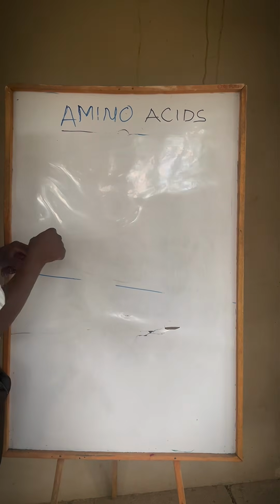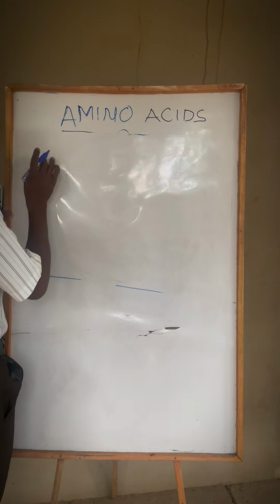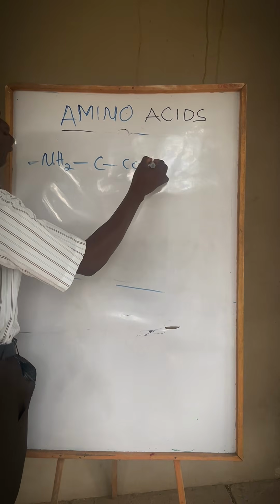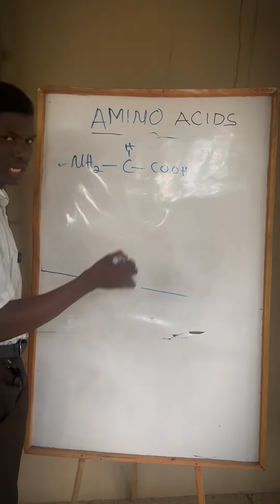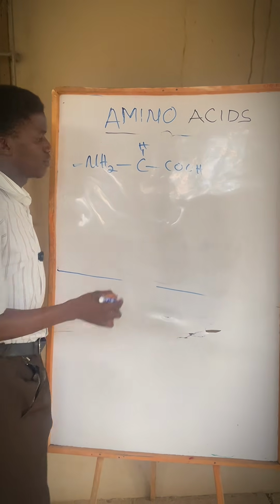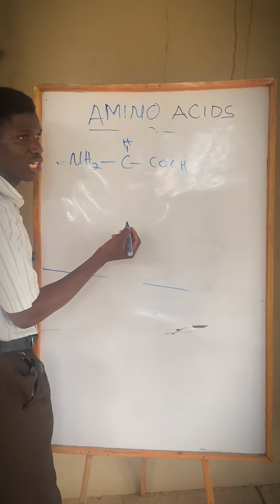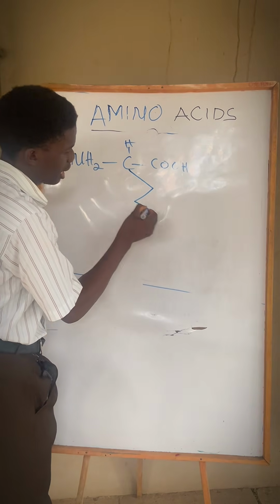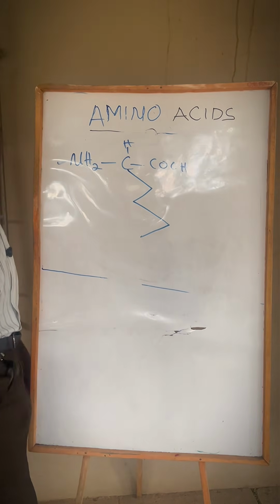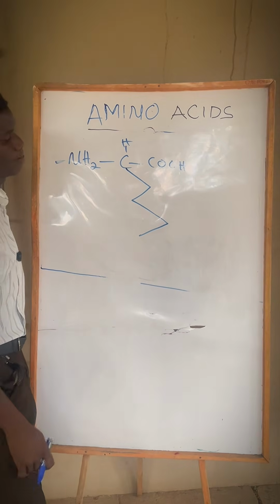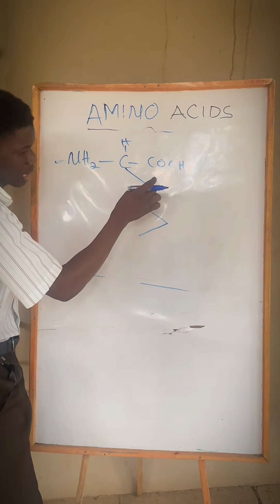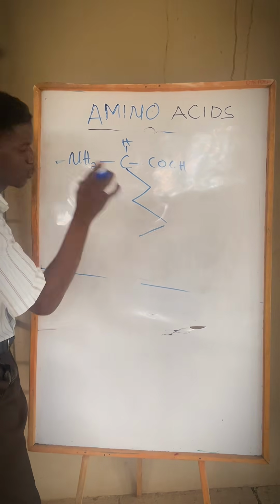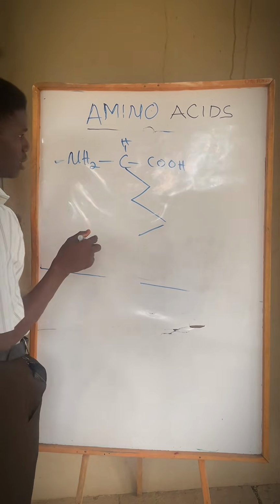So methionine is our backbone, NH2CCOOH. We have a hydrogen here. Are you with me? So the next thing you have to do is just your M, capital letter M. So carbon, and what you will do is put a sulfur here.